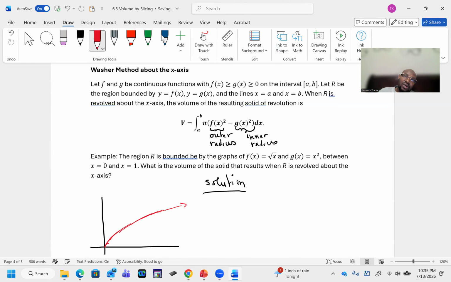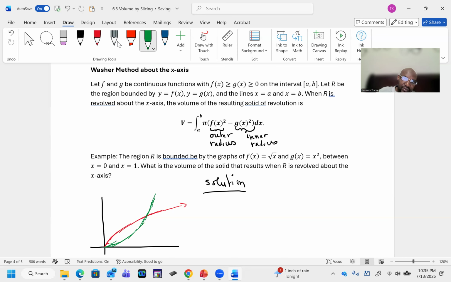Right? Or the graph of g of x, which is x squared, will be something like this. Again, I'm just sketching so you can see, right?